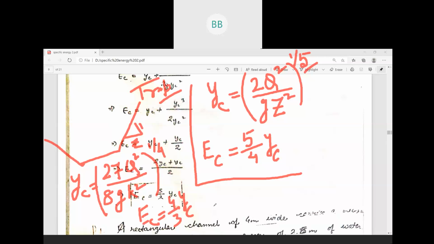So these are for trapezoidal and parabolic, you just write down the expression. For rectangular, it's EC is equal to 3 by 2 YC. For trapezoidal it is 5 by 4 YC, and for parabolic it is 4 by 3 YC.